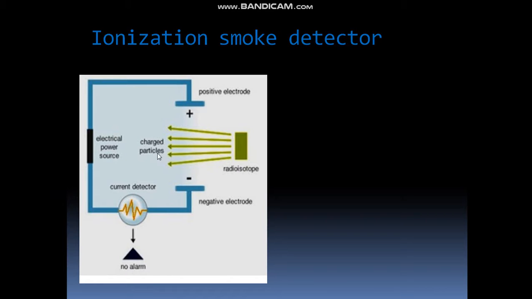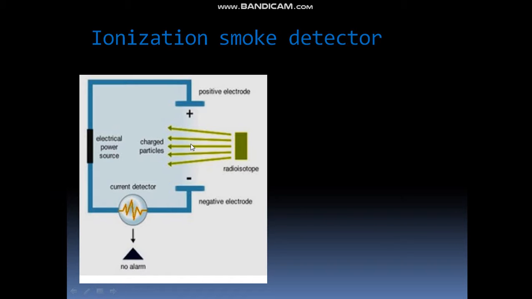And one thing is, here a radioisotope material is taken. From this radioisotope material, the radioactive rays are coming into the ionization chamber. So here the principle is, the radioactive rays which are coming inside the chamber always ionize the gases. This is the basic rule.